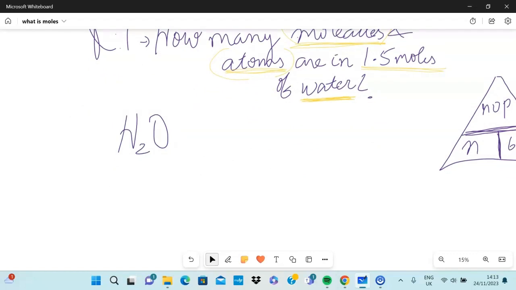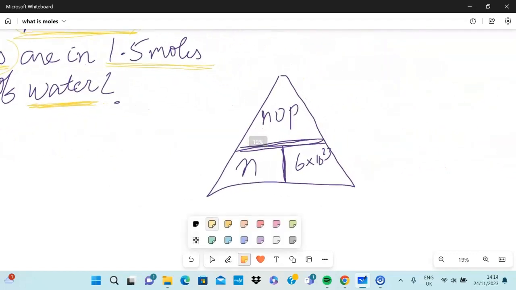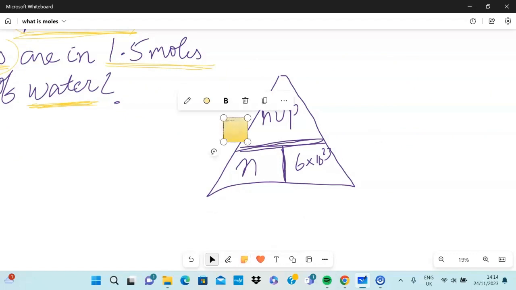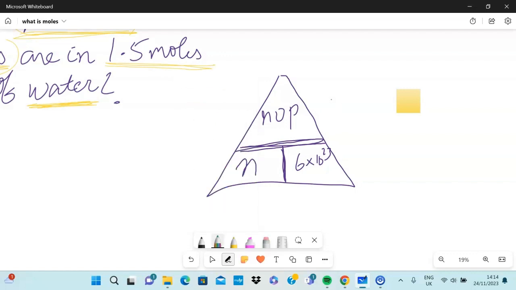Now, our trusty friend, the triangle is back. I use a lot of triangles in my videos, so don't get mixed up between these triangles. It'd be very ironic if it is the helper that is causing you to fail an exam. Okay, I'm going to give you a quick synopsis of what this is. This stands for number of particles.